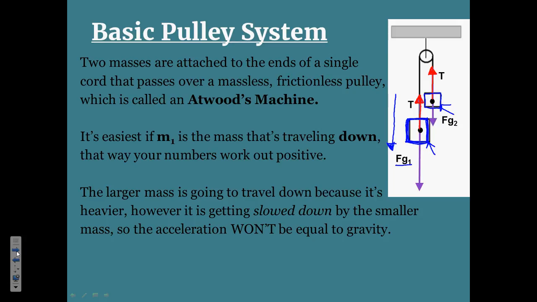So the larger mass is going to travel down because it has a heaviness to it, if that makes any sense. However, it can be slowed down by the lighter or smaller mass. So the acceleration is not going to be 9.8 meters per second squared. It will be something else.